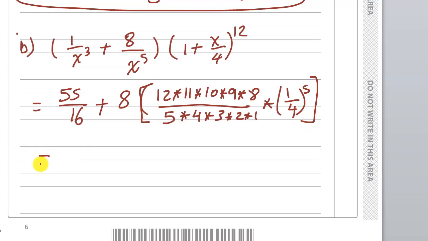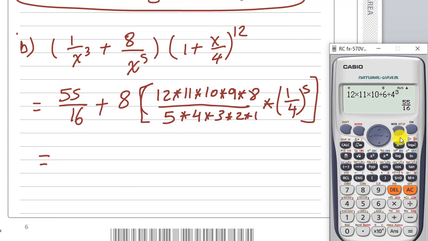Let us start to find the final answer. So 55 divided by 16 plus 8 multiplied by 12 multiplied by 11 multiplied by 10 multiplied by 9 multiplied by 8, divided by, open the bracket, 5 by 4 by 3 by 2 by 1 by 4 to the 5, and then close the bracket.